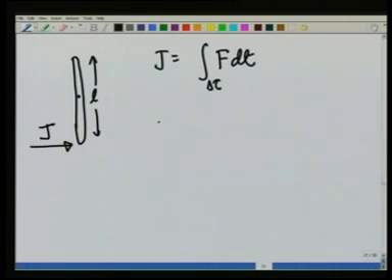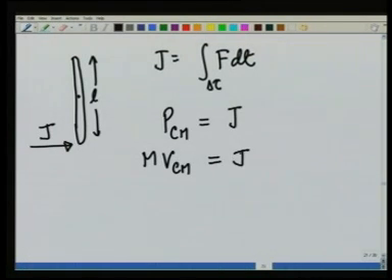By the momentum equation, you get that the momentum gained by the rod should be equal to P_CM equals J, and therefore, M V_CM should be equal to J. So, after the rod is hit, its center of mass should move with this velocity.